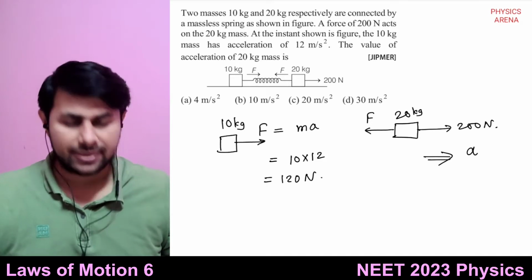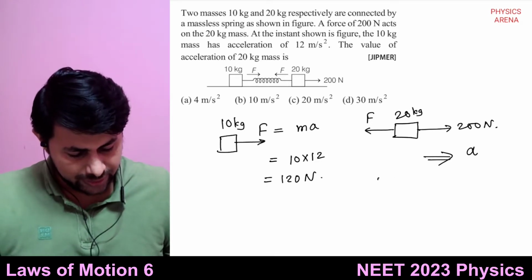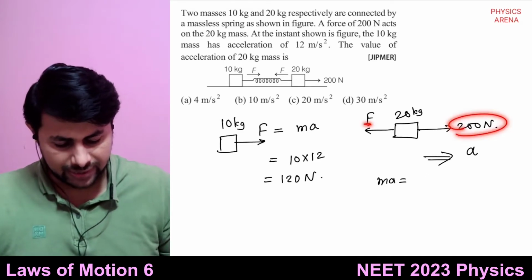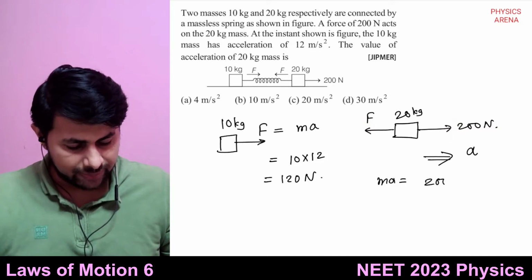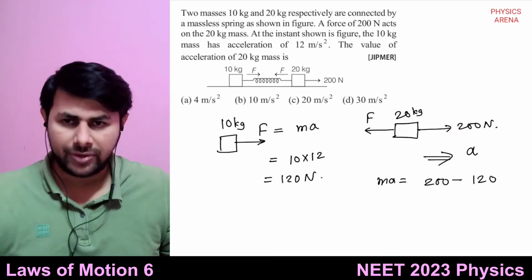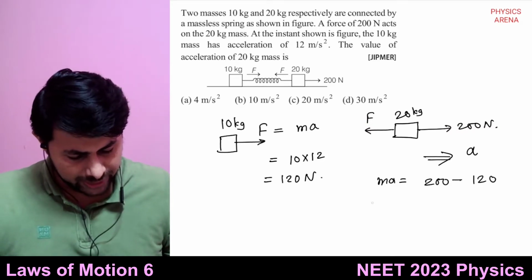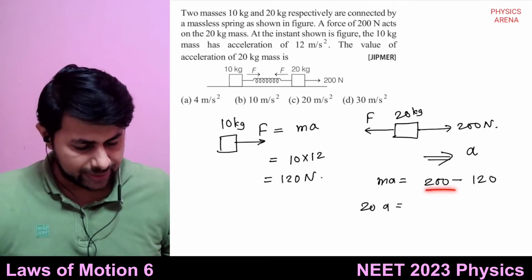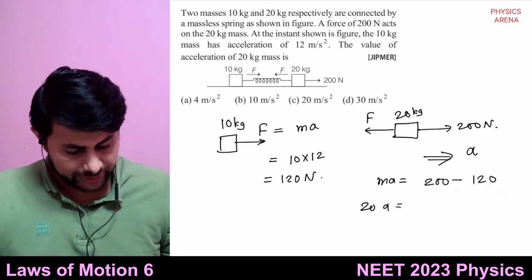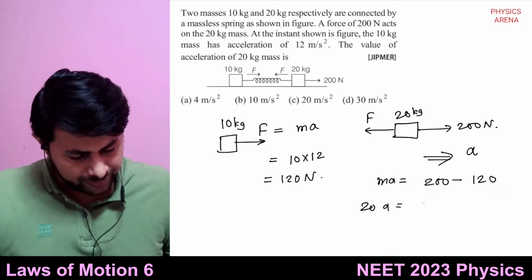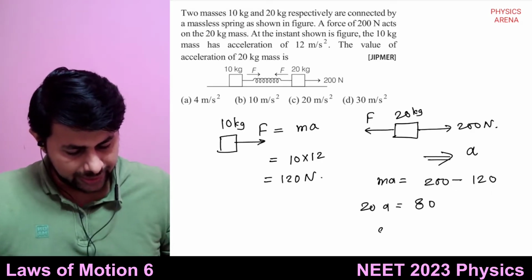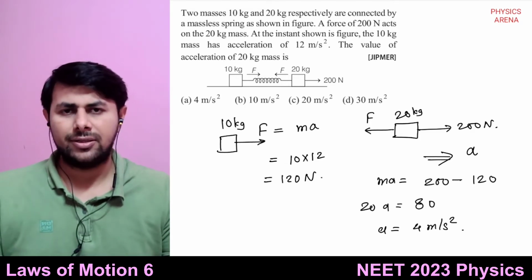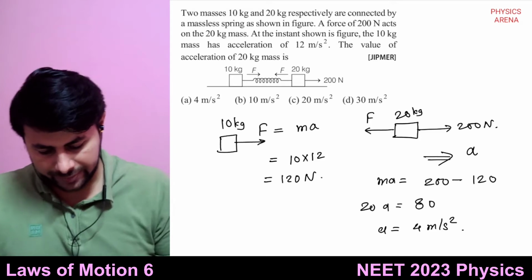Let's suppose its acceleration is A. So m into A is equal to 200 newton minus F. 200 minus F is 120 and mass is 20. So 20 times A is 200 minus 120, which is 80. So A is equal to 80 by 20, so 4 meters per second squared. Option A.